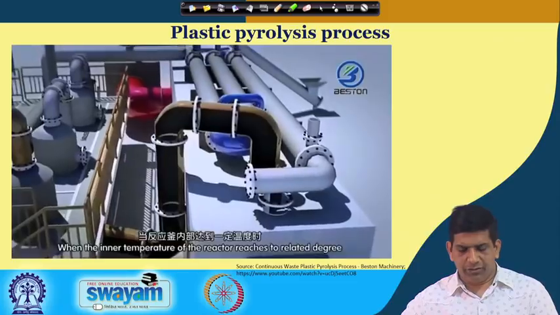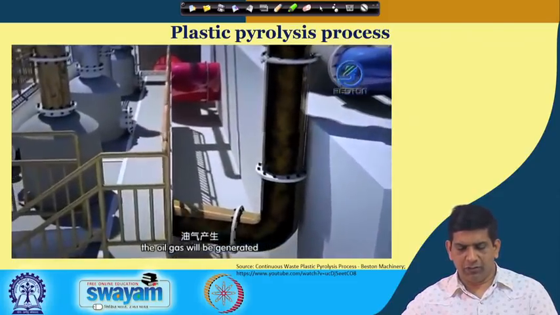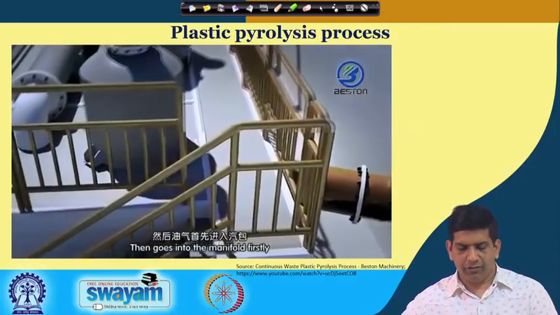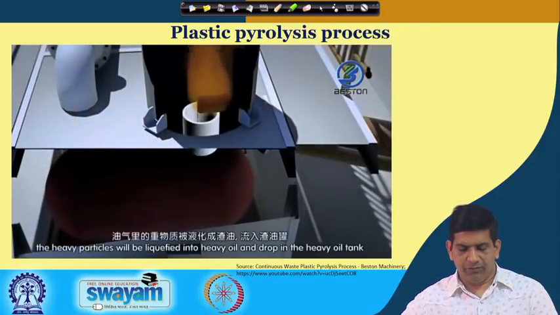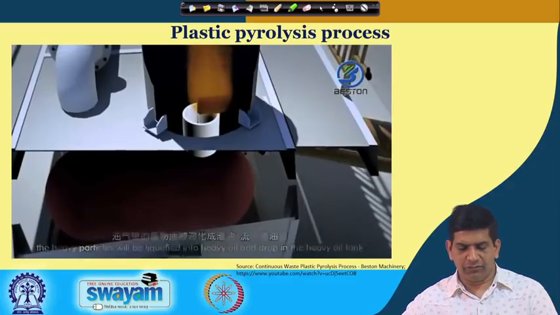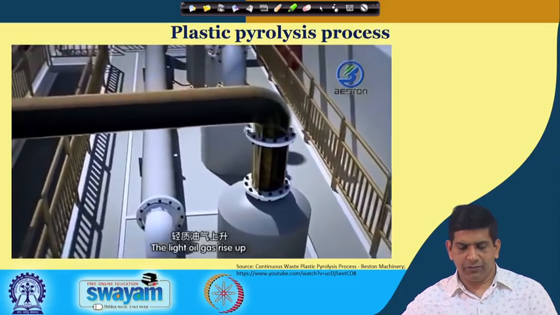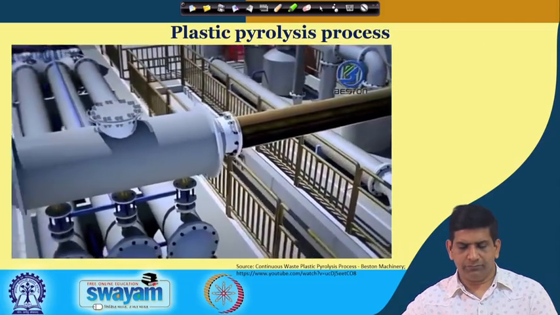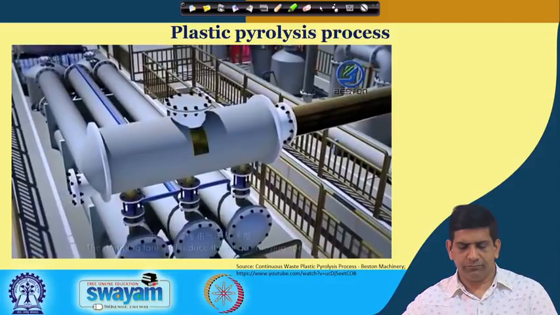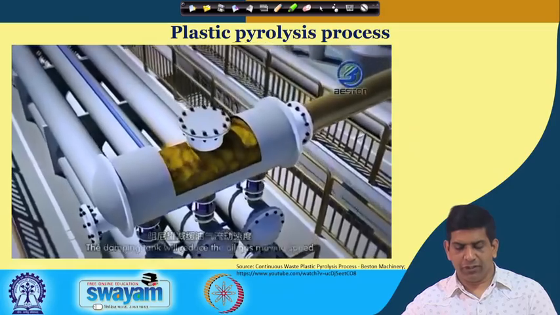When the inner temperature of the reactor changes, oil gas will be generated, then it goes to the manifold. From the manifold, heavy particles will be liquefied, light gases will rise. Here they have a damping truck, which will reduce the oil gas moving speed.